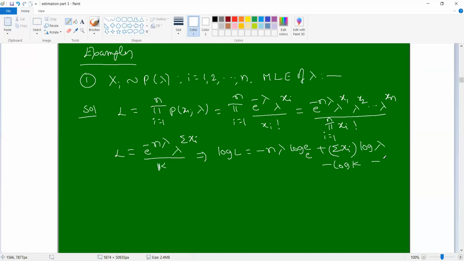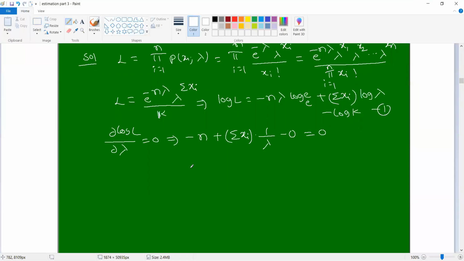Here, differentiate one with respect to lambda. Dou log L by dou lambda is equal to 0 implies minus n, with respect to lambda is 1. Log e base e is 1 here. Summation xi is a constant value. So next, the differentiation of log lambda is 1 by lambda. Differentiation of a constant is 0, and equating to 0.